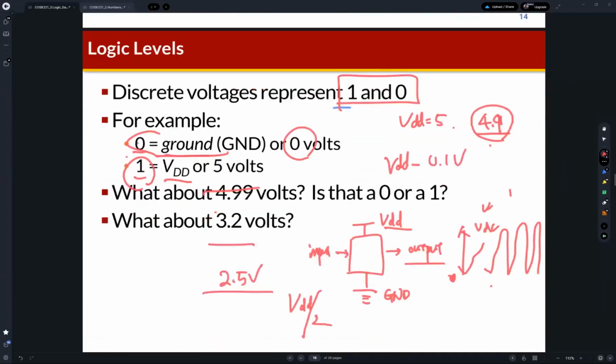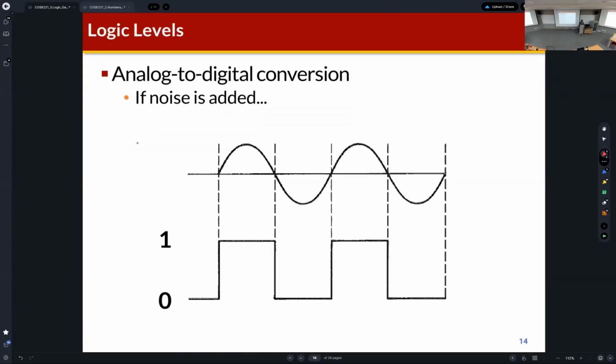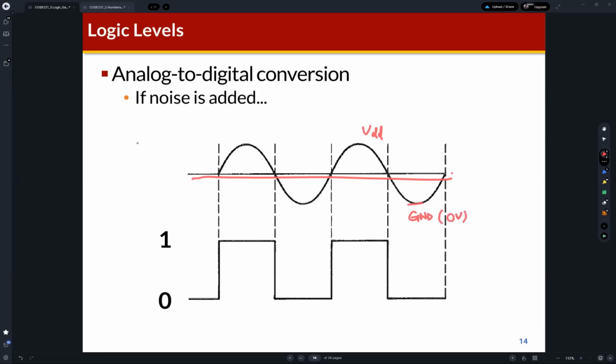So we can apply the very simple concept like this. This is VDD, and this is the ground, 0 volt, and then we can set the threshold as half of VDD. If this value is higher than half of VDD, it's 1, and if it's lower than half of VDD, it's 0.